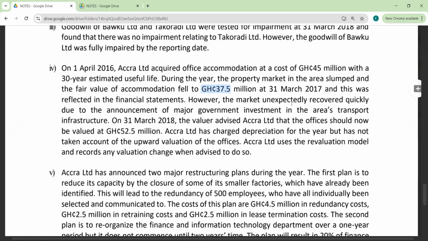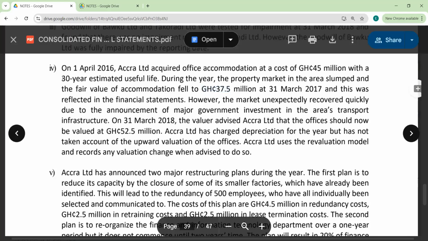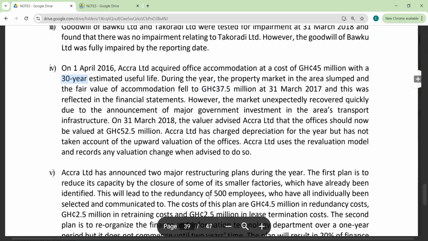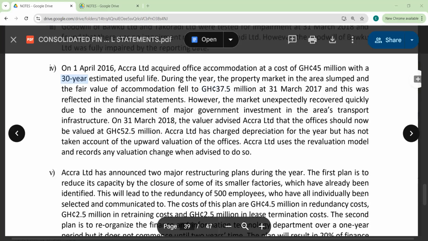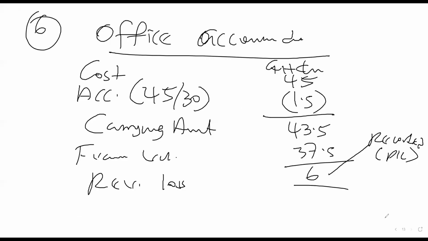Now, calculate the new depreciation for me. 37.5 divided by how many years? 29 years. So if I want to see the new depreciation, I can start by saying new fair value.